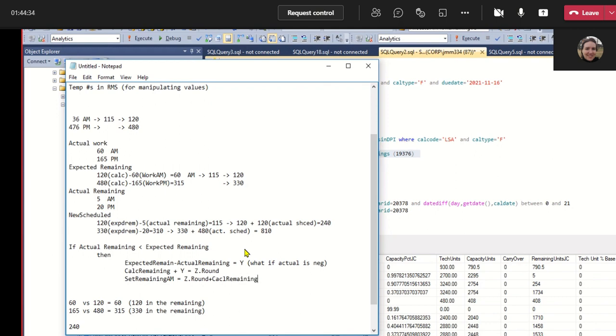So we've done the math, and z dot round in this case would be 120 plus the calculated expected, which in this case is 120. That gives me the 240, and that's what we'd set it to. Oh, that is for remaining AM. Okay. Yeah. And same way for PM too.